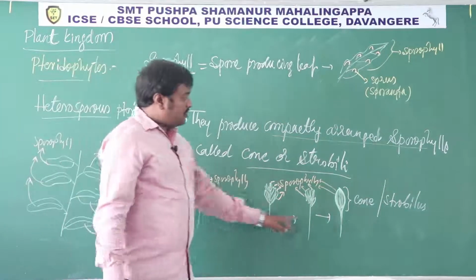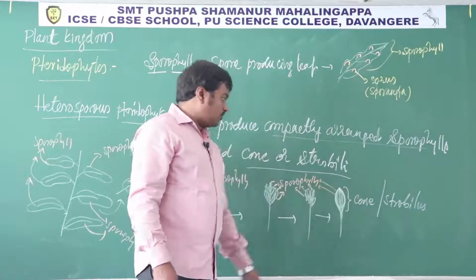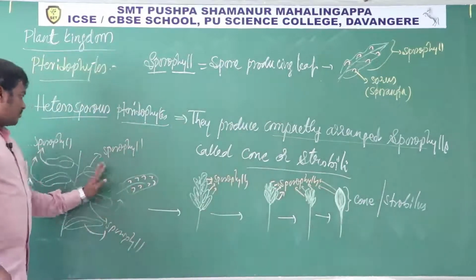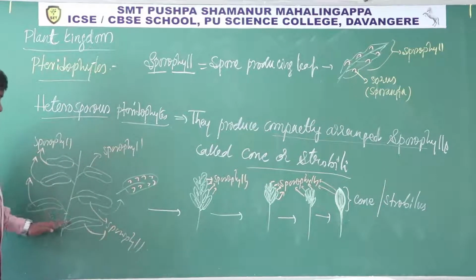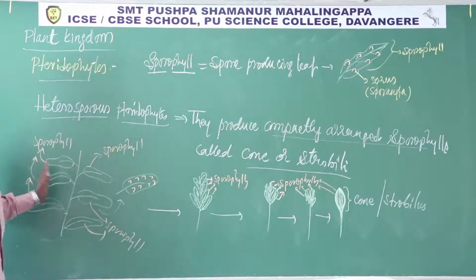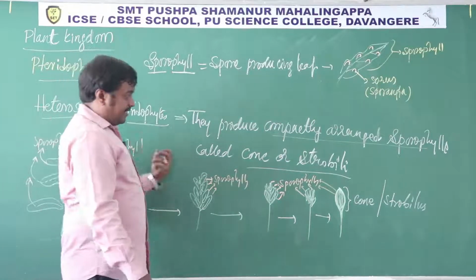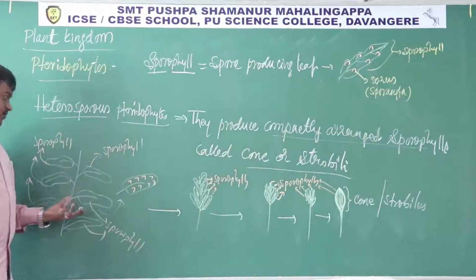So in heterosporous pteridophytes they produce a structure like this. That is important: the cone is going to be produced there. Whereas in homosporous pteridophytes the structure is like this only, where each sporophyll is separate and not joined together. In heterosporous ones they are joined together, and of course the leaf size is also reduced a little bit.